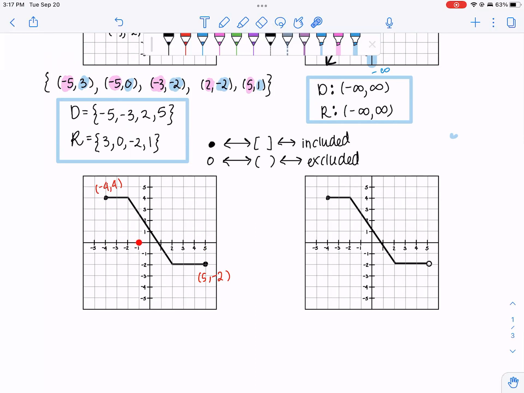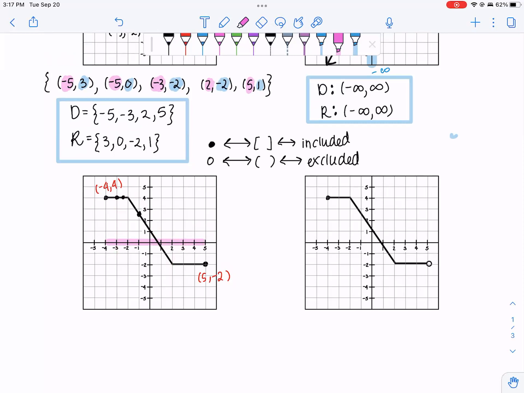For instance, -1 is in the domain of this graph because if you look at -1, there is a coordinate point that has the x value -1. There is a coordinate point that has the x value -3 or -2.5. Any of those values ranging between -4 and 5 have a corresponding point on the graph with that x value.